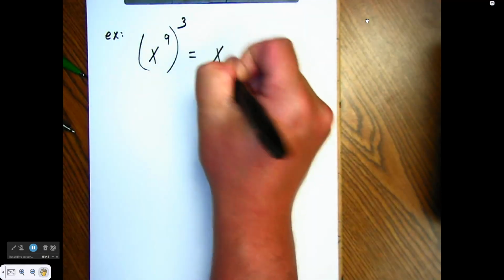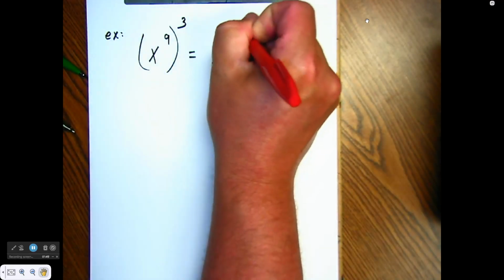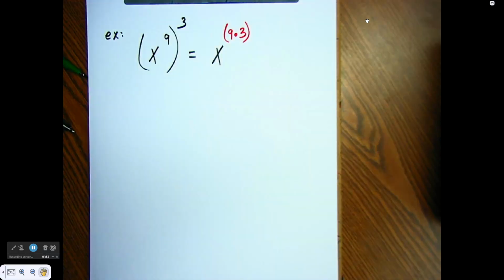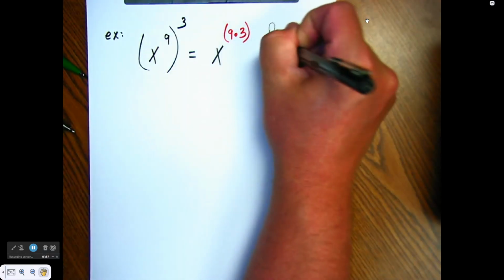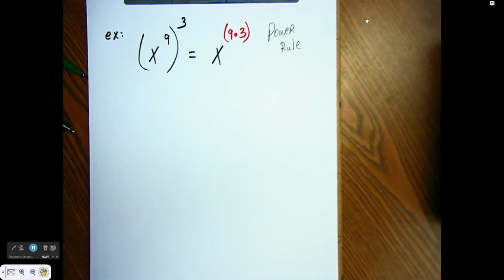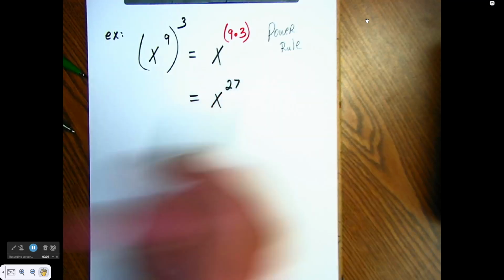This is going to be x raised to the 9 times 3. I'm going to multiply because that is what the power rule allows us to do, which gives me x to the power of 27.